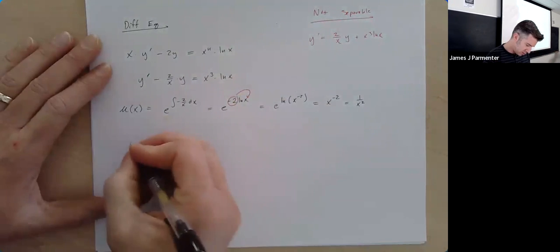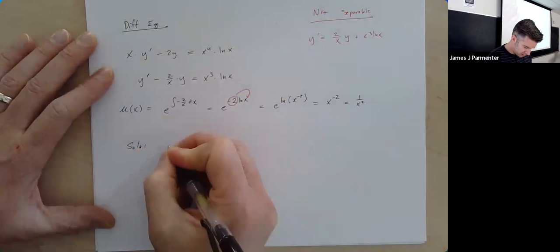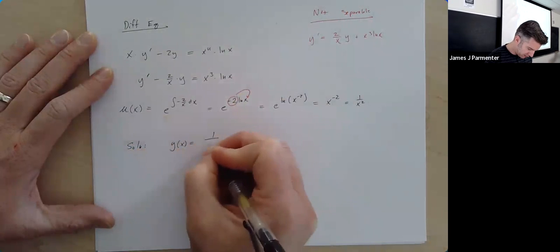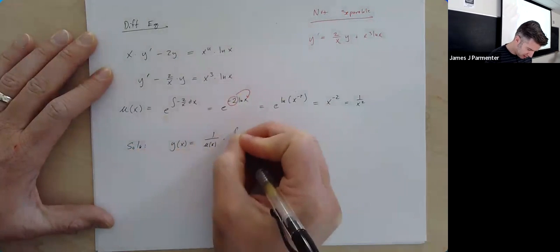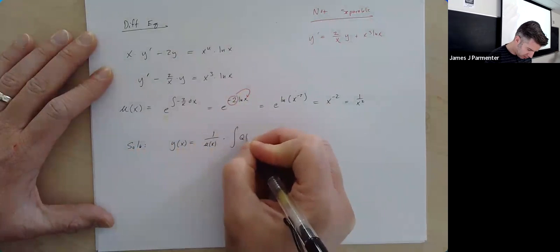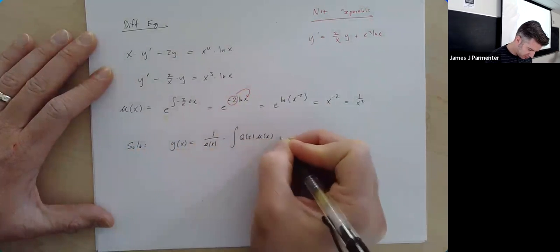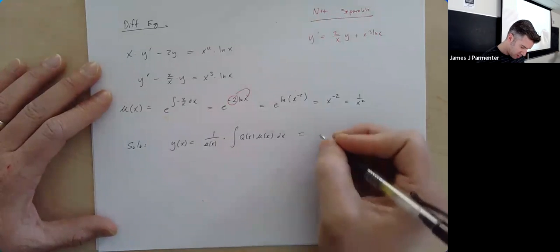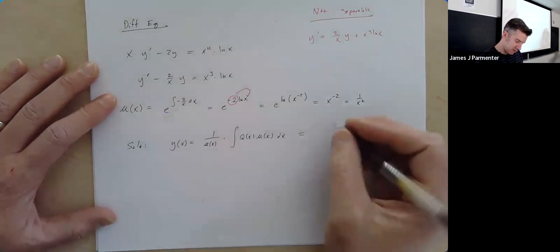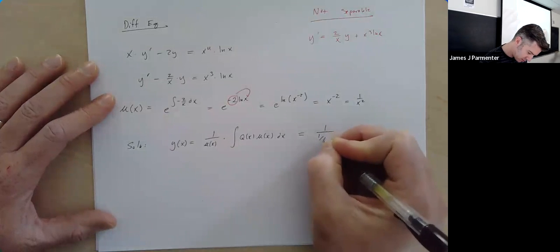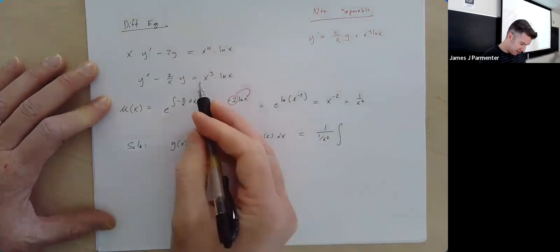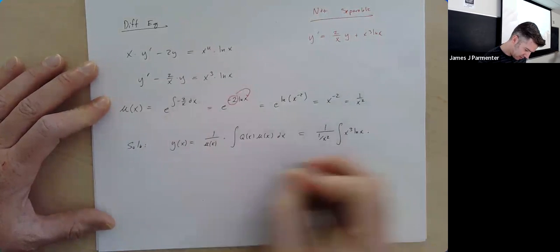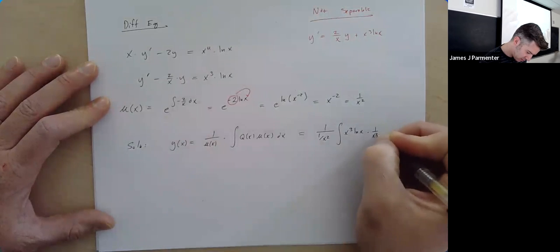So then our solution is always going to be y as a function of whatever variable is going to be 1 over the integrating factor times the integral of your q of x times your integrating factor dx. So in this case, that's going to be 1 over x squared. Feels silly to write, but I will write it this one time. And then we have the integral of q of x, which is x cubed natural log of x, times mu of x, which is 1 over x squared.